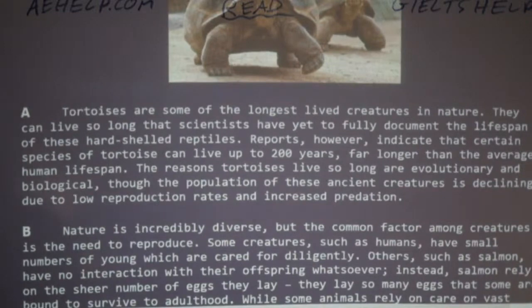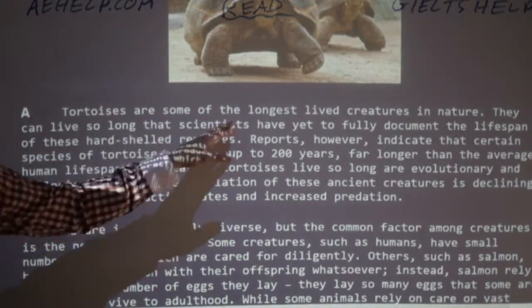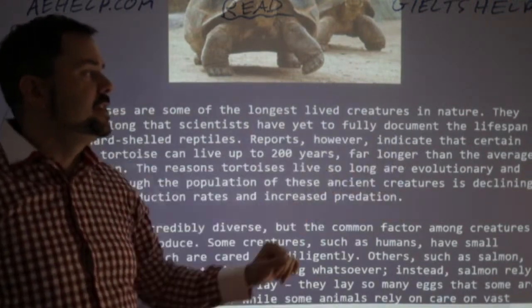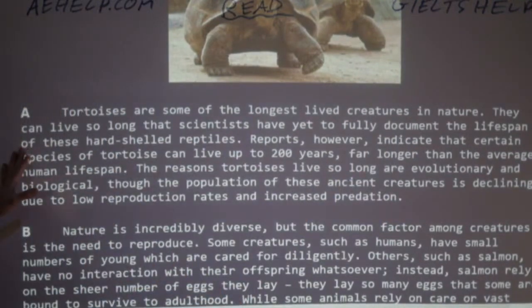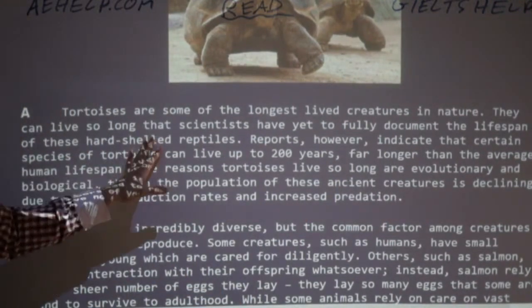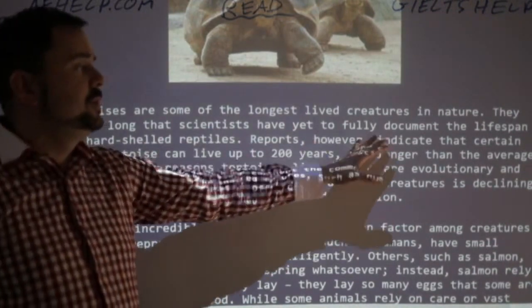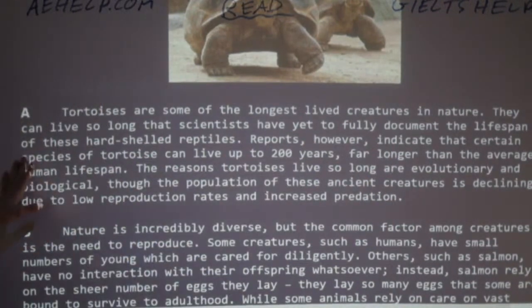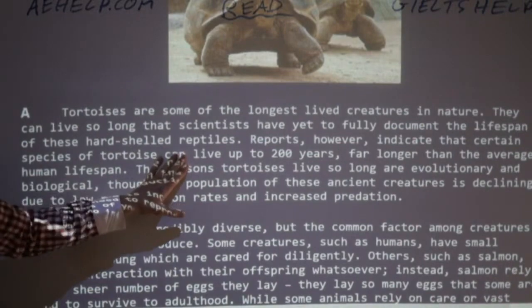Read with me, students. So, tortoises are some of the longest lived creatures in nature. They can live so long that scientists have yet to fully document the lifespan of these hard-shelled reptiles.